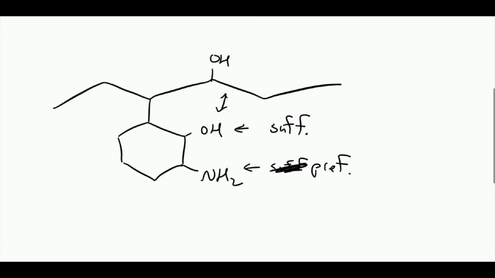Well, you have a suffix group on both of those, so it's just a matter of ring or chain. So now our ring has 1, 2, 3 things on it, whereas our chain only has 1 and 2 things on it. So the ring has more substituents, so go with the ring.